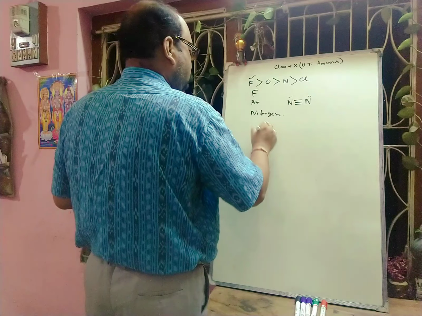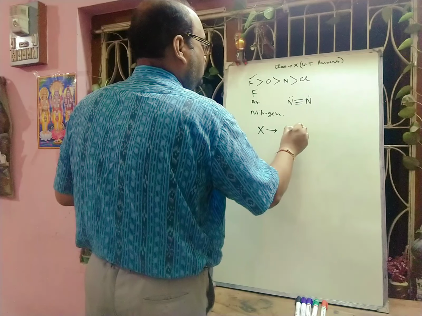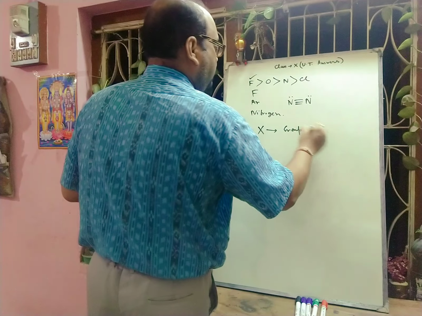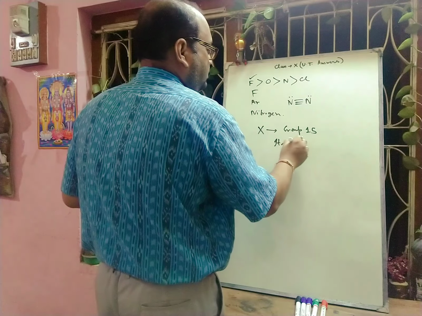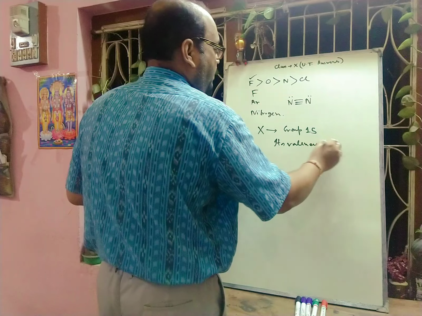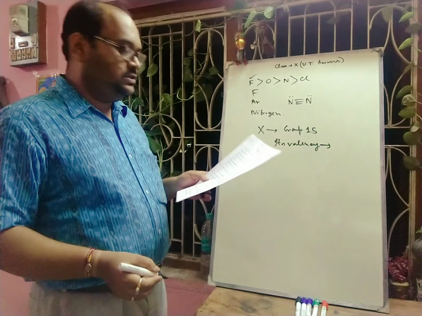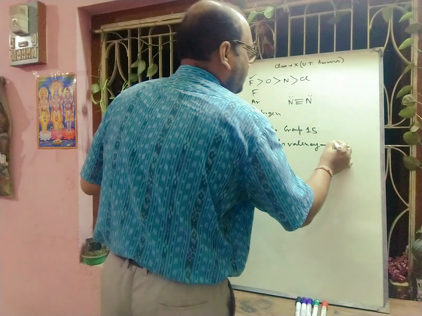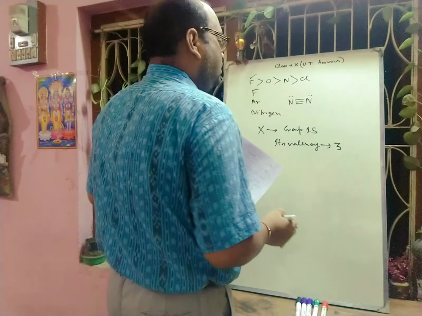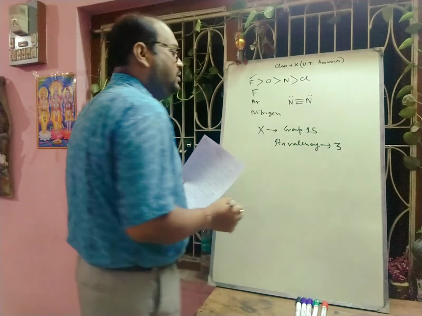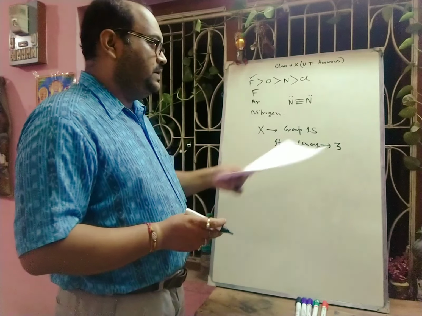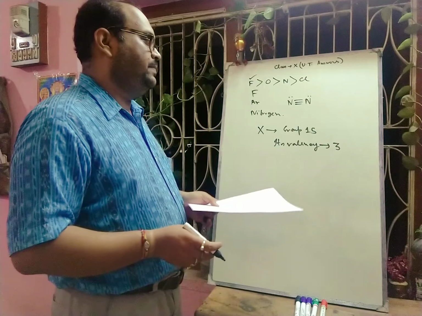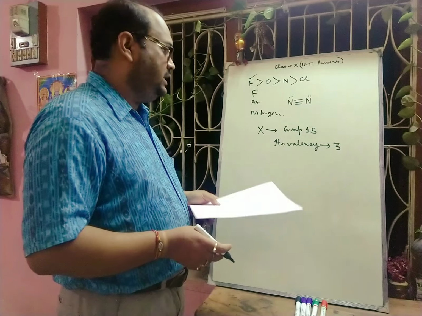X belongs to group 15, so its valency will be 3. From where do we get that? In group 15, the number of valence electrons is 5. So the valency will be 8 minus 5, that is 3.